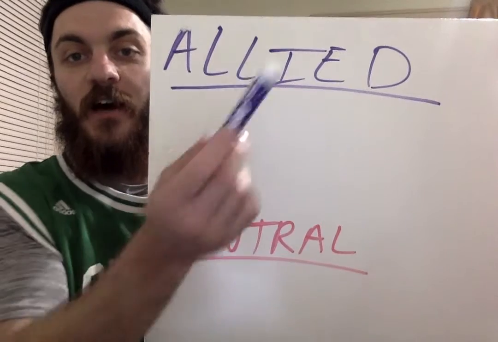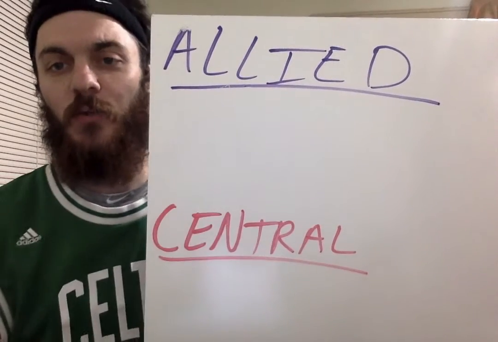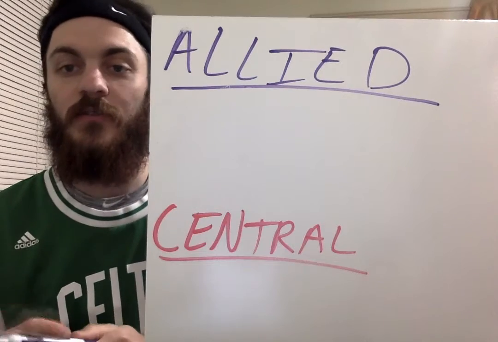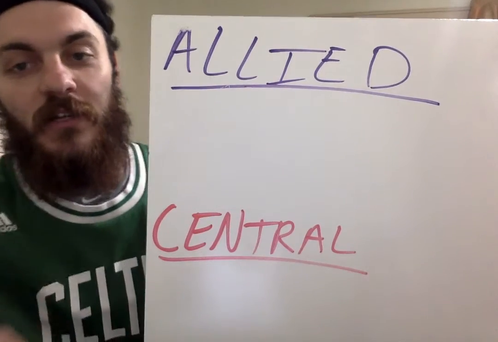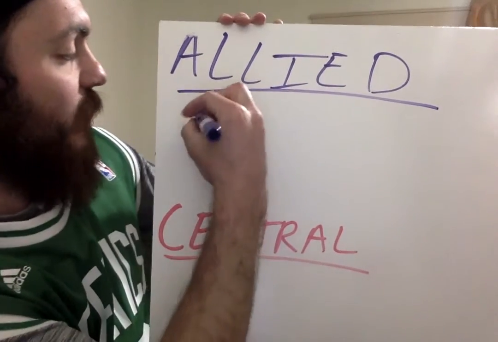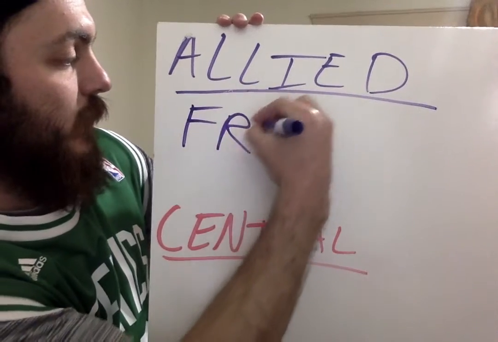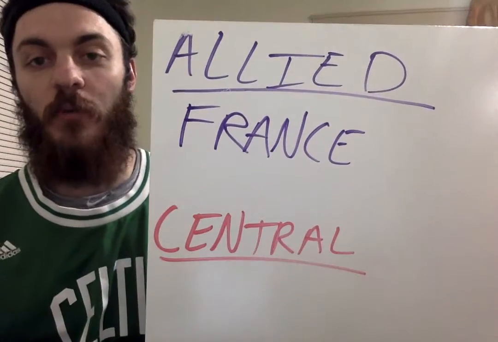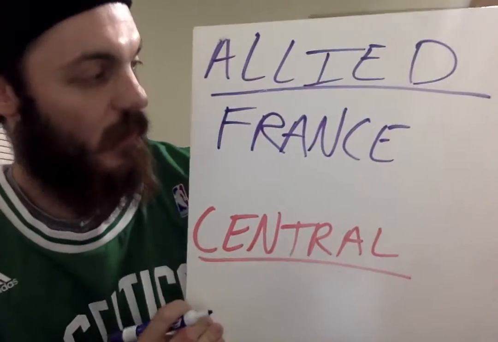The first one is the Allied powers. What countries do you think are in this? Anybody know? I'll throw one out there for you. France. Boom. That's one. We're going to do a couple more, okay?